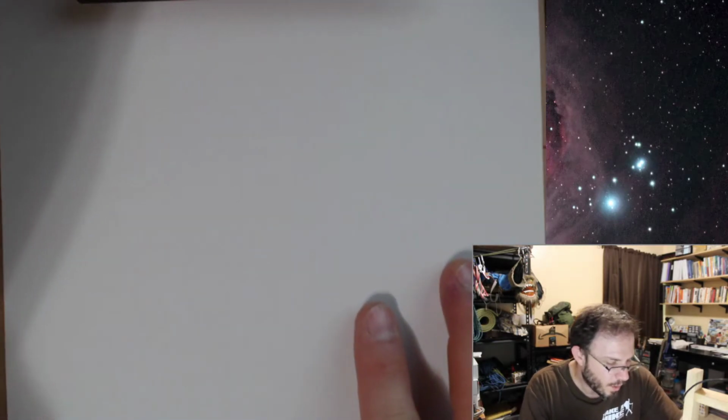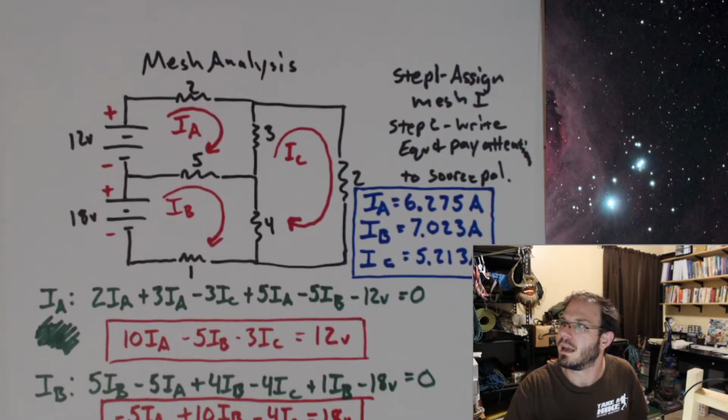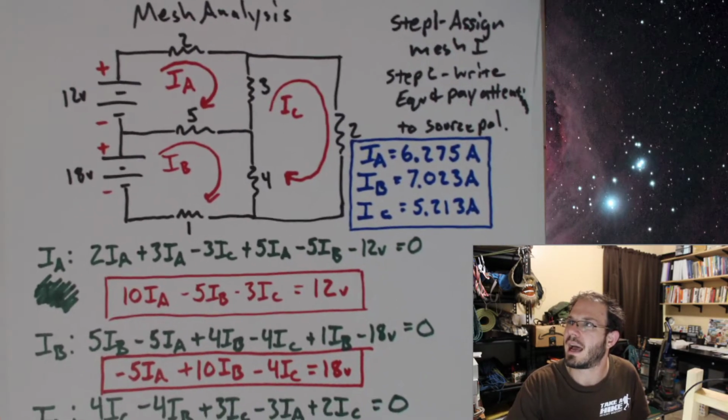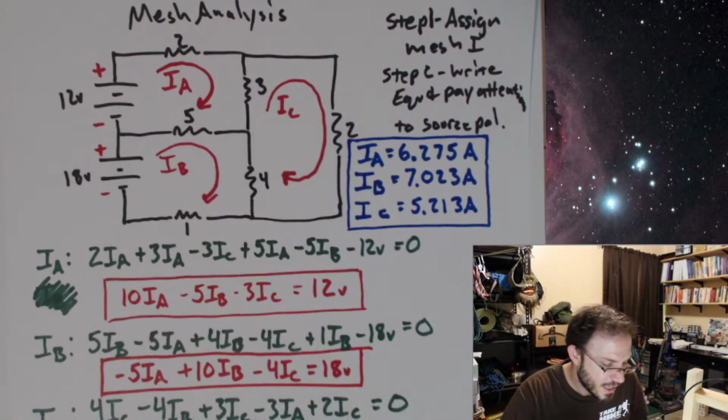It's too easy to mess up, and I don't want people losing points just because of messing up little calculations like that. I want people to get full credit if they understand the analysis technique that we are learning. At the end of the day, what matters in this class, to me at least, is that we can go ahead and apply this mesh analysis technique.